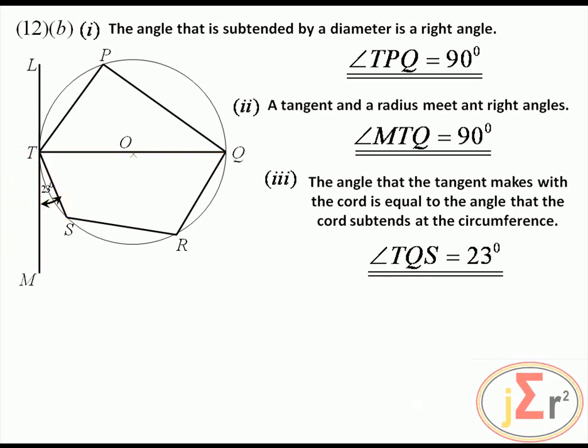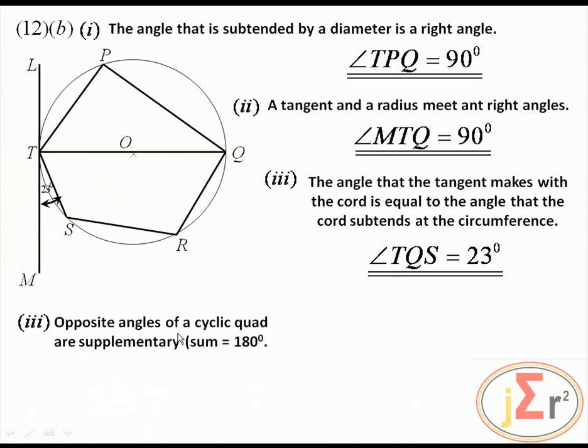Now SRQ. Of course, SRQ is in the cyclic quad. So opposite angles of a cyclic quad are supplementary. They add to give 180 degrees. But we will not go straight into using that principle. We need to find this angle right here.